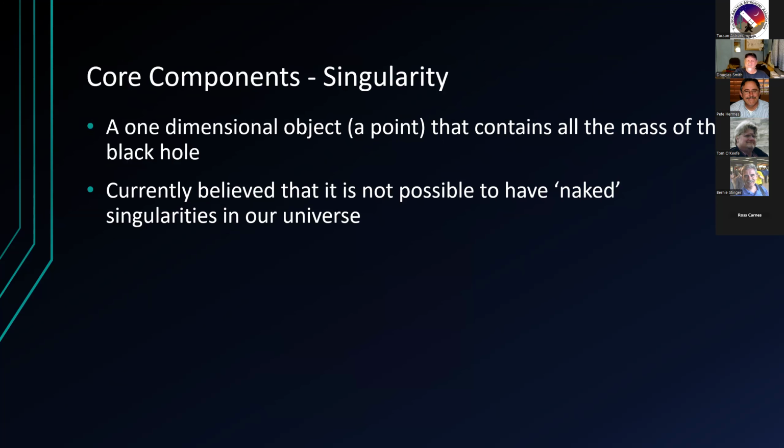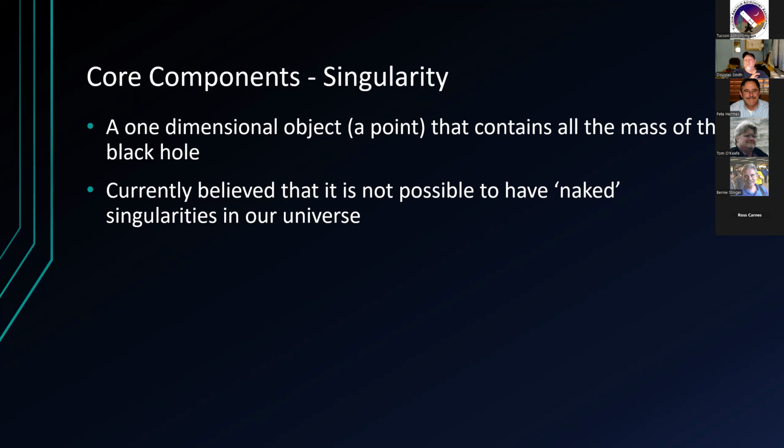With a black hole itself, we've mentioned a couple of different components. One component is the singularity itself, which is this one-dimensional point that contains all of its mass. This is the physical manifestation of the black hole.